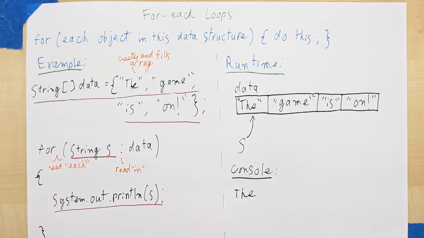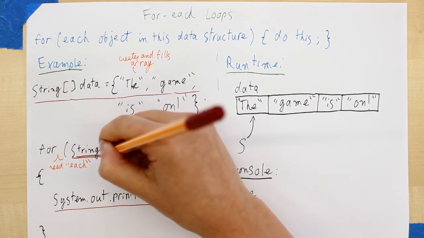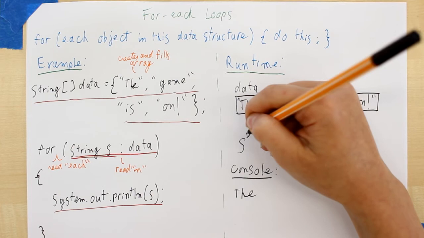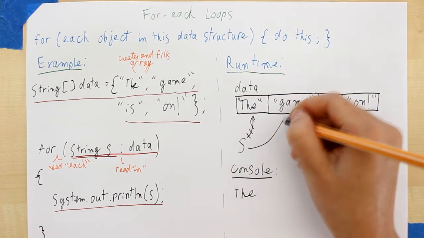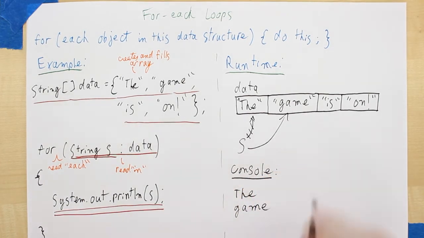Then we return to the header again, just as we saw in the for loop. Here the reference s gets reassigned to the second object in the data structure, in this case, game. And then the body of the loop executes again. So we'll print out game. And once again, we go through like this for each item in the list.